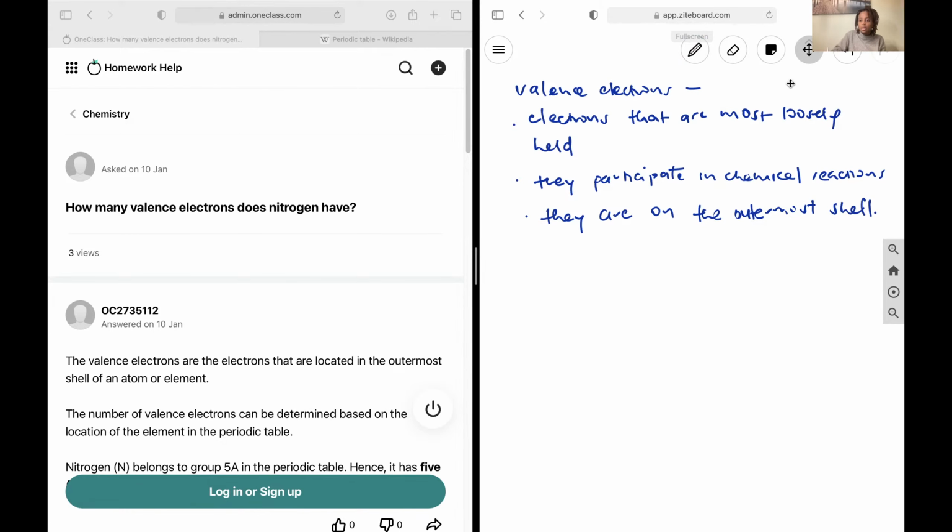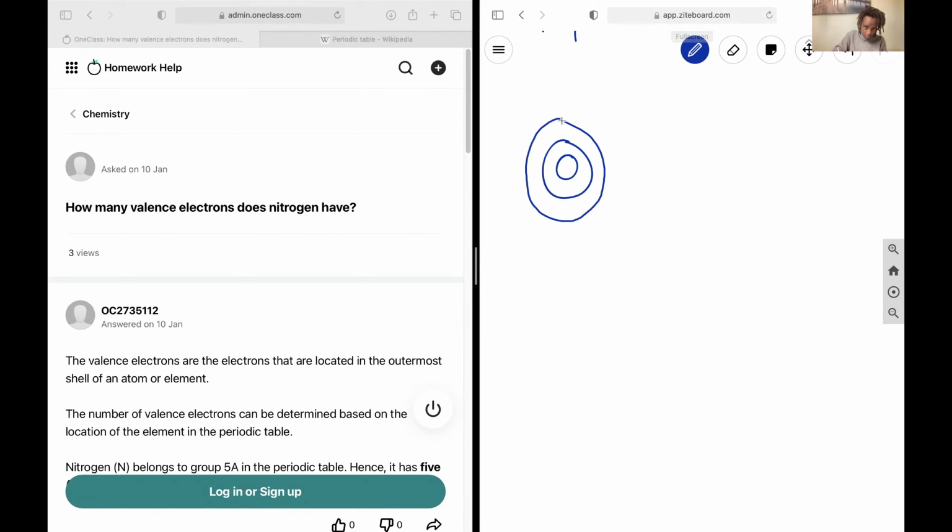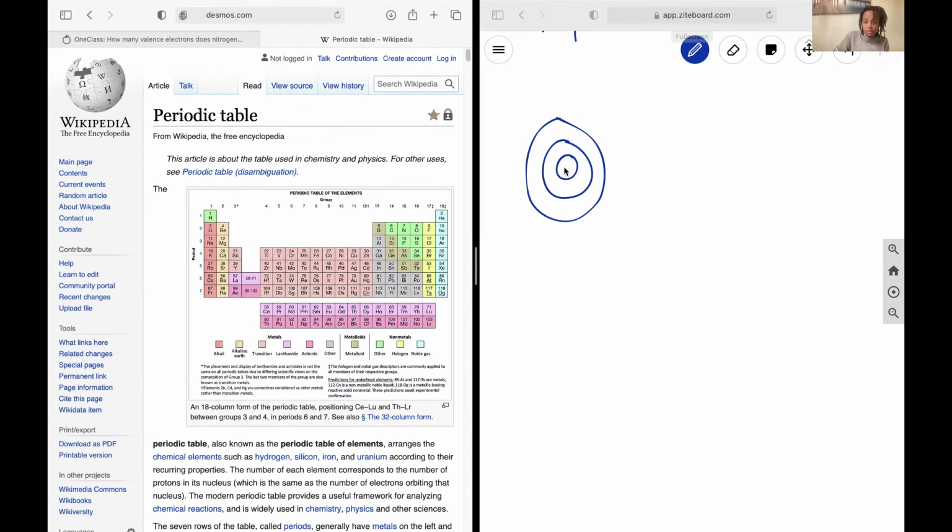So depending on what level of school you're at when you're asked this question, if you're using the Bohr model, and let's say that we are talking about aluminum. Let's say we have aluminum here and we have 13 electrons. We know that the first shell can take 2.